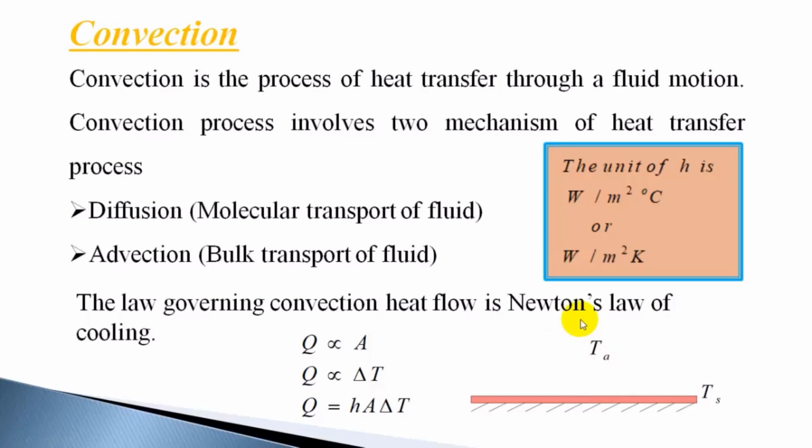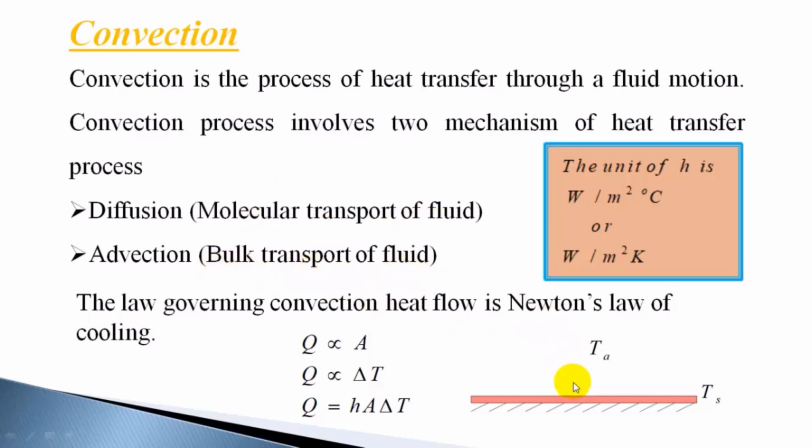The main processes by which heat transfer takes place in convection are diffusion, that is molecular transport of fluid, and also advection. Advection is bulk transport of fluid. Diffusion is mainly due to density difference. In a stagnant fluid, diffusion takes place by molecular transport at a very minute, molecular level.